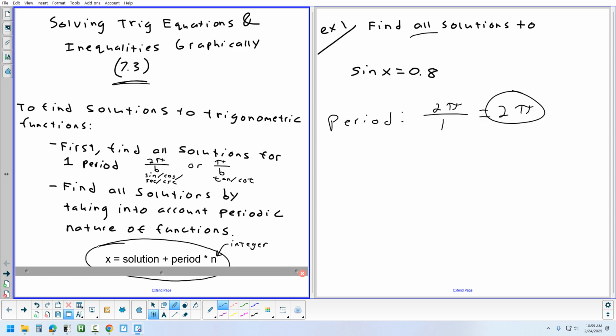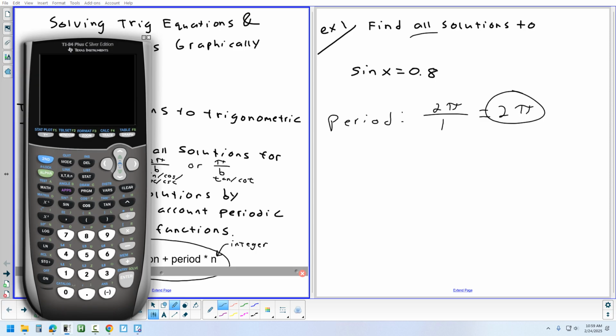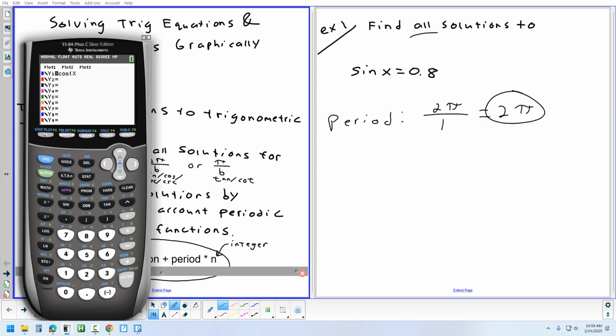So let's put that in. Put in sine x, put in 0.8, and I'm going to set my window to 1 cycle. There are a lot of ways to set a window that has a width of 2 pi. It's kind of like if you wanted to set a window with a width of 10 units. You could do 0 to 10, 20 to 30, 50 to 60, 75 to 85. There's lots of ways to get that width.